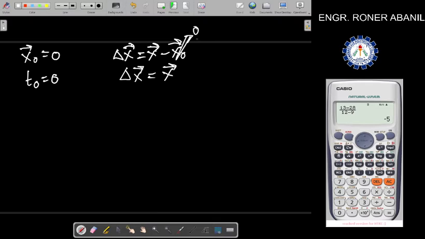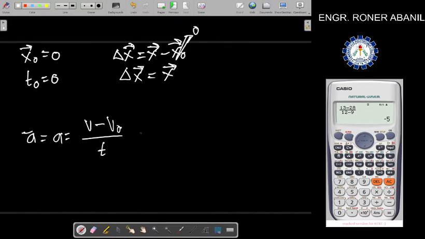So, the final velocity can be obtained by this equation. a is equal to acceleration, so a equals v final minus v initial over t.